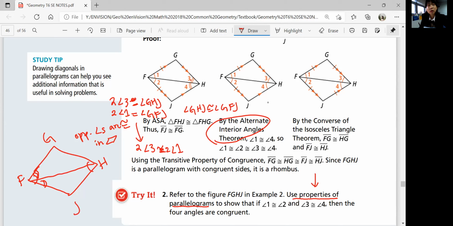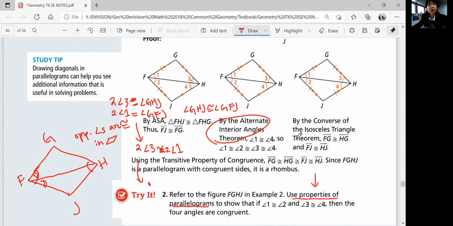And so you can also substitute other angles. Then 2 must be equal to 3 because 1 is equal to 3. And 1 should be equal to 4 because 2 is equal to 4. And so all the angles are congruent. Okay, so now we've proven all 4 angles are congruent.